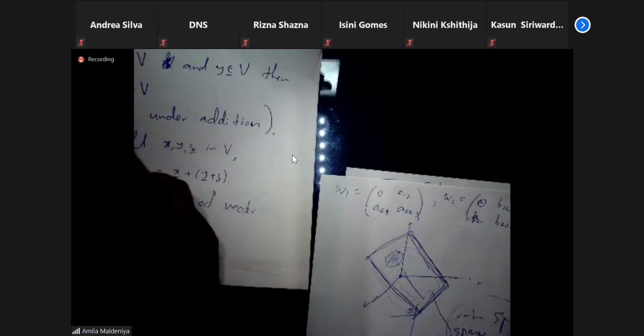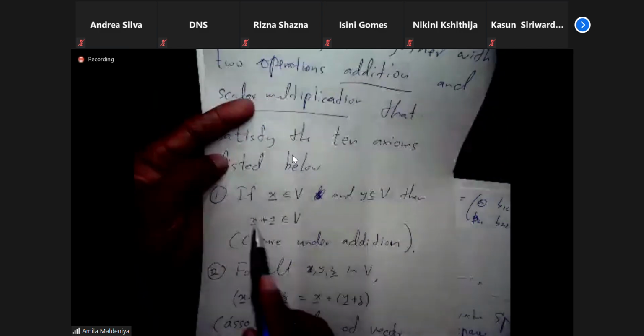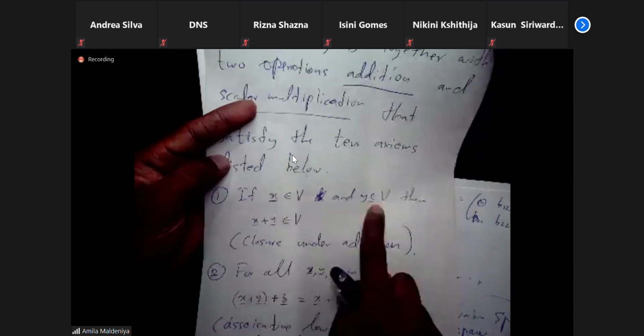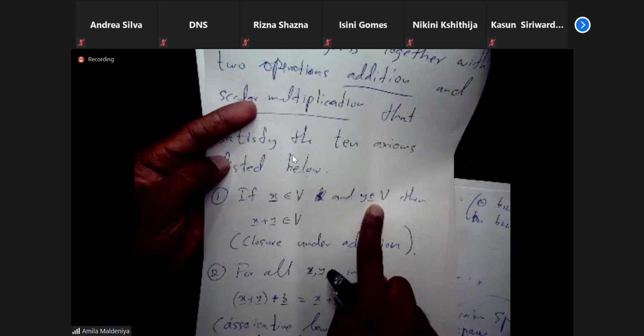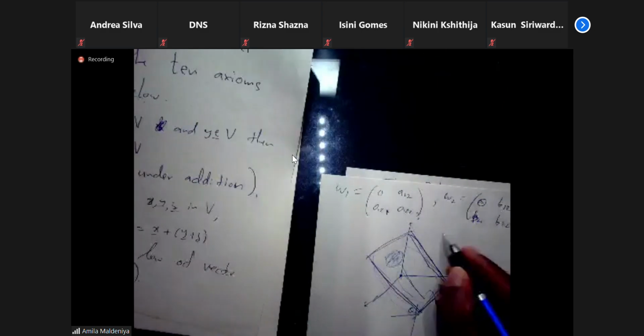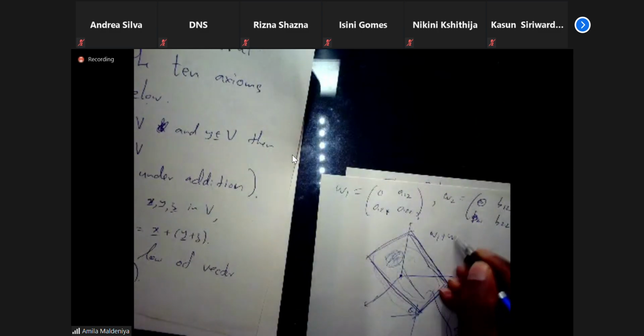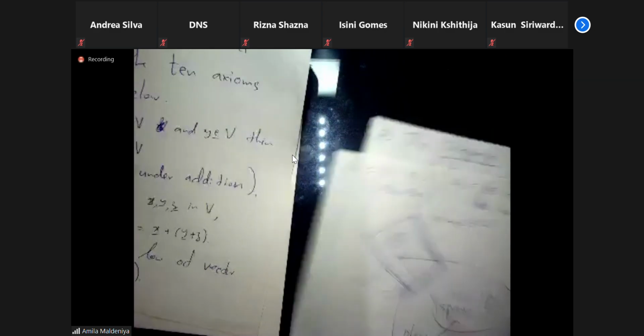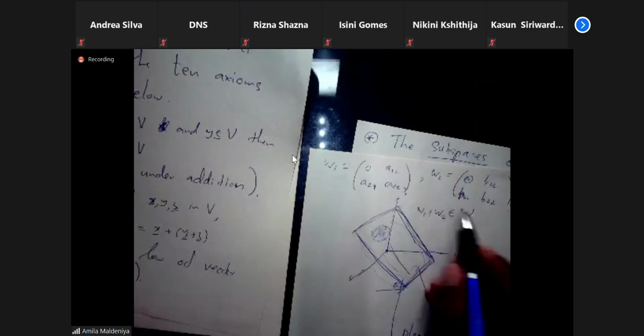Now we want to check whether, if I take two elements from the subspace that we are claiming, their addition is also in it. That means W1 and W2 are matrices in W. Can we say that if I add those matrices, the sum is in W?